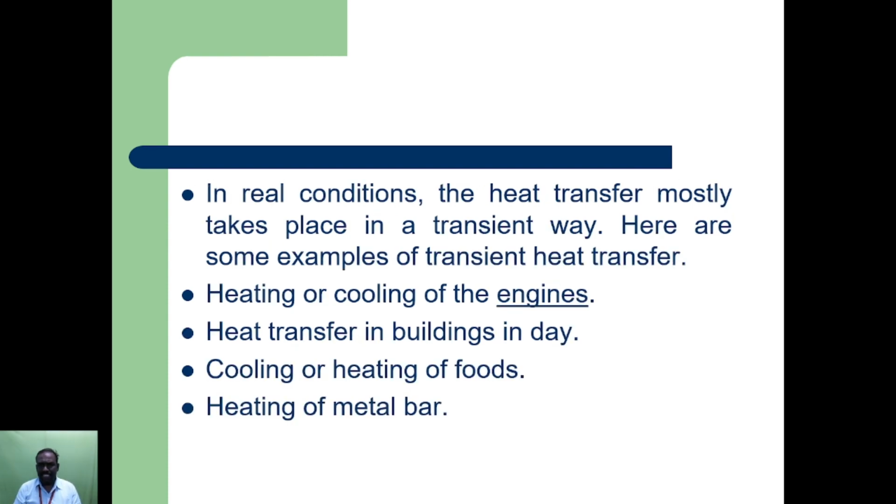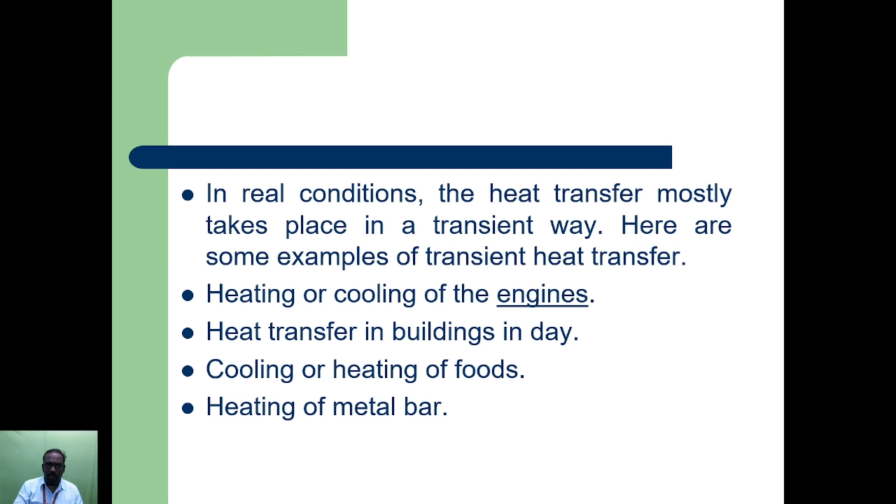In real conditions, heat transfer mostly takes place in a transient way. All heat transfer in natural phenomena is transient. Here are some examples of transient heat transfer: heating or cooling of engines, and heat transfer in a building during a day.